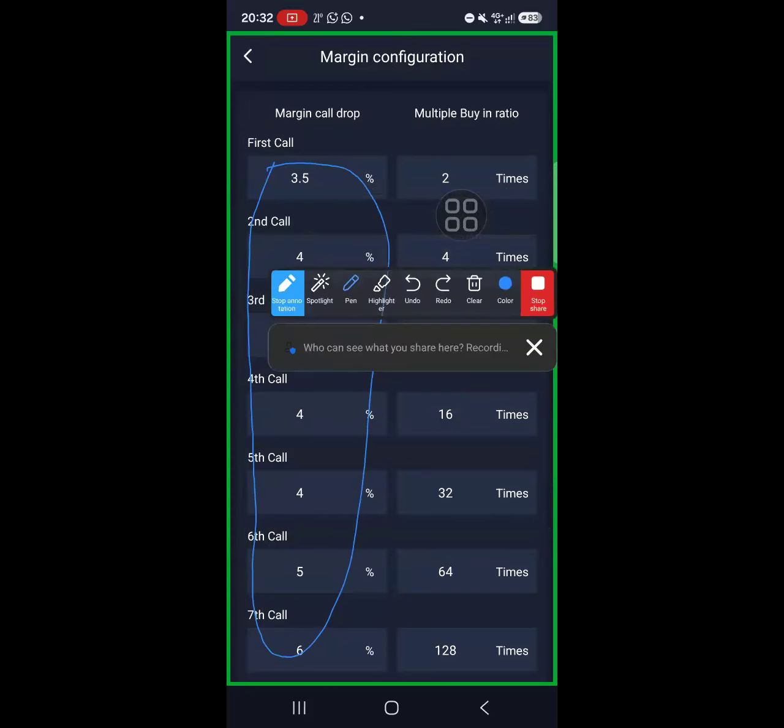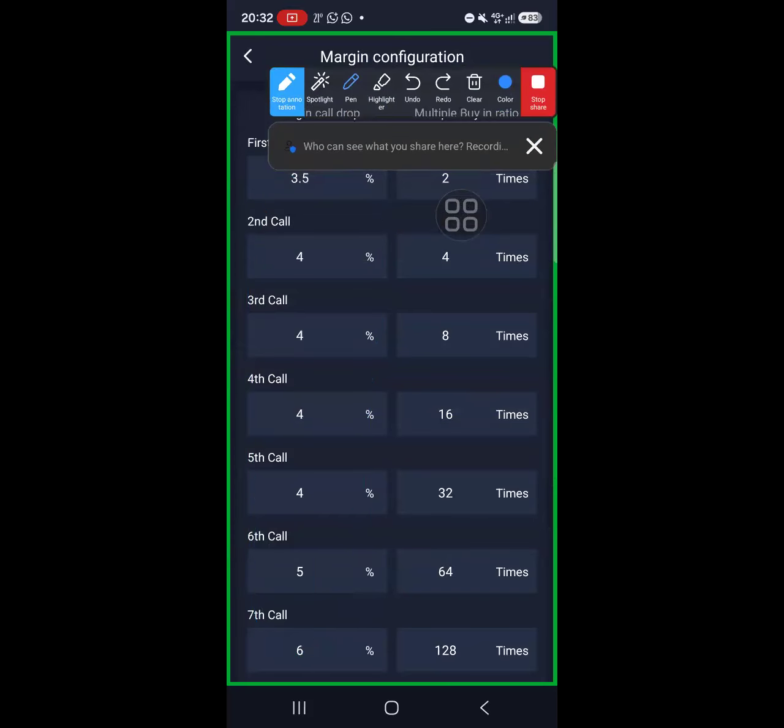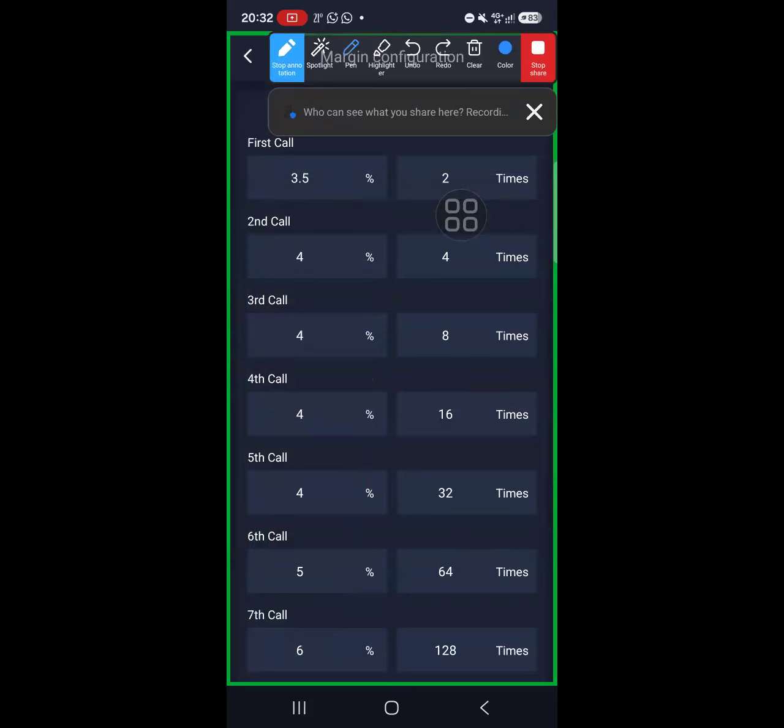So if we are to look at radical, I want someone to help me add these margin call drops so that we are able to see what is the total percentage drop. When you add 3.5, someone should be helping me to add this.